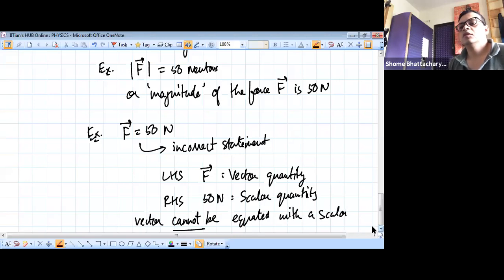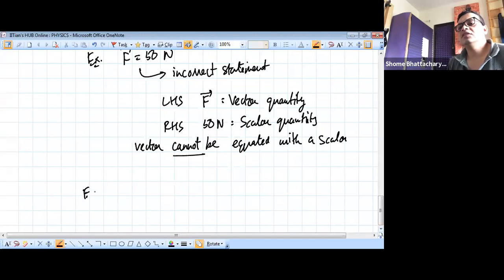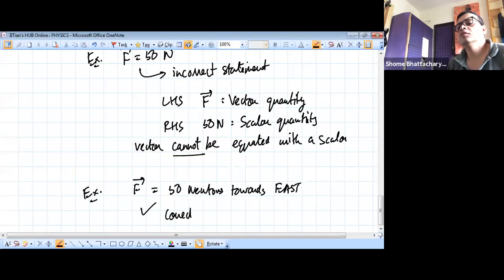However, if I say that F is equal to 50 newtons towards east, then this is a correct statement, because now the right hand side has both the magnitude and the direction.